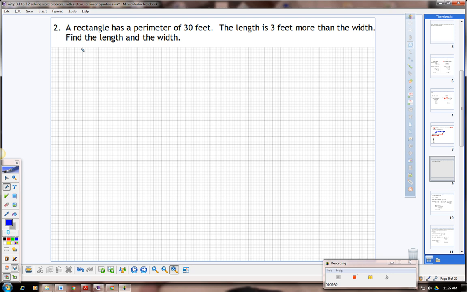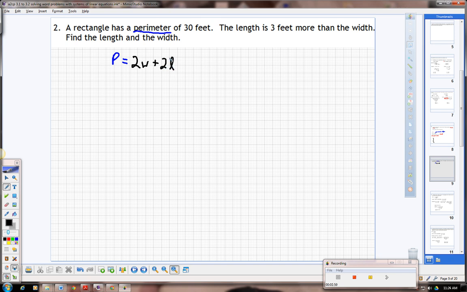The implied knowledge is that you know what perimeter is, and your implied knowledge is actually the formula for perimeter. You'll have to excuse me yelling loud. I apologize if you can hear that. Perimeter is equal to, and after you identify your variables, W and L, perimeter is equal to 2W plus 2L.